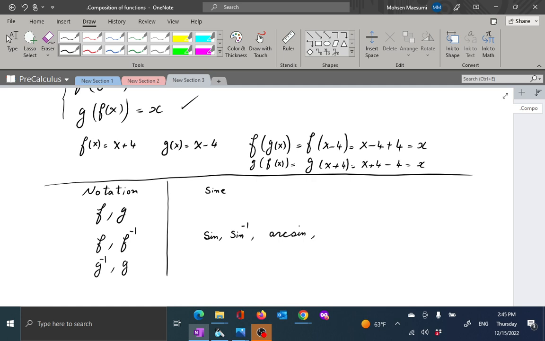There is still another notation, a sine. So this is same as that, that's same as that. In trigonometry we are going to have another notation that is traditionally used. You can see it on your calculators, programming languages, and so on.